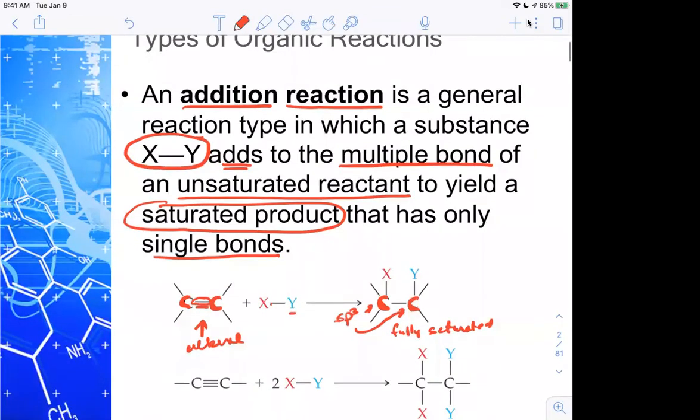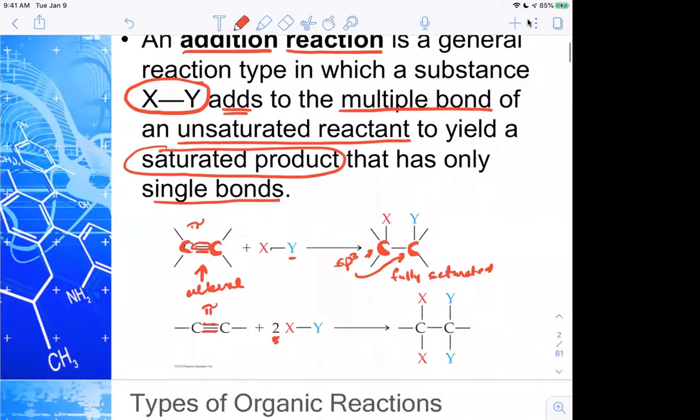Now notice I have two centers of reactivity. I have two pi bonds, right? These are the pi bonds that are reacting. And if I have two molecules of my X bonded to Y reagent, I can actually do two additions. You can imagine that sort of intermediate to this, I have an X and a Y. That would be one addition.